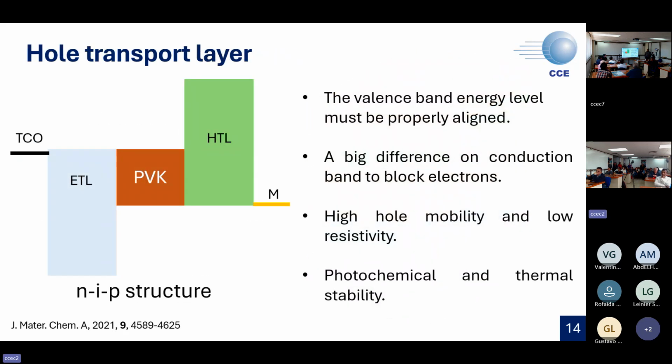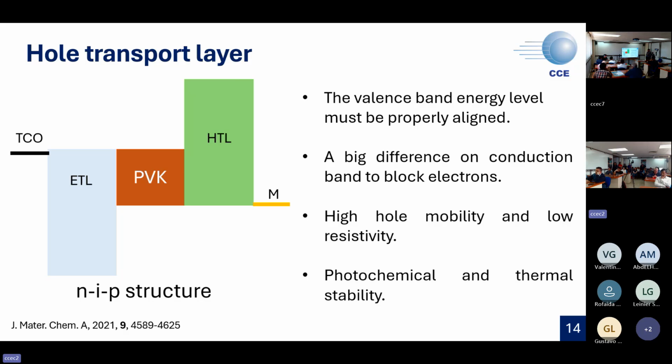The hole transport layer is an important layer because it helps the transport of the holes through the device. Some important properties for the hole transport layer are that the valence band energy level must be properly aligned with the perovskite, and we need a big difference in the conduction band in order to block electrons.